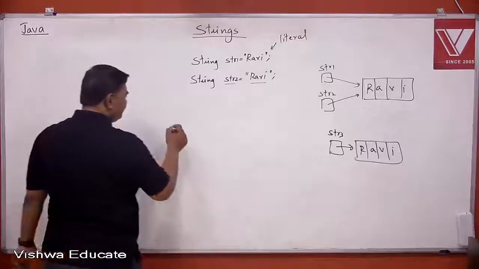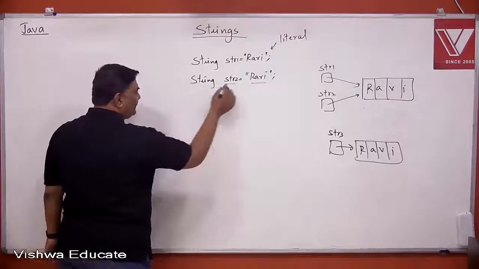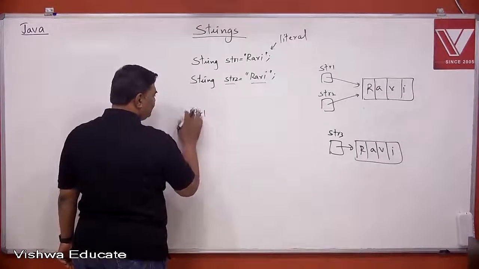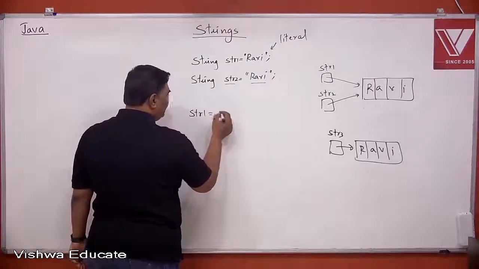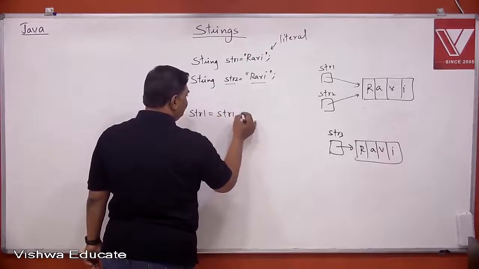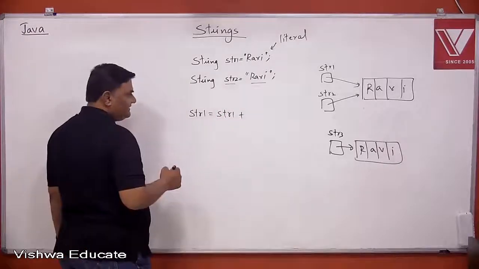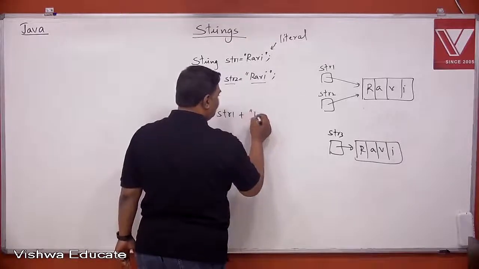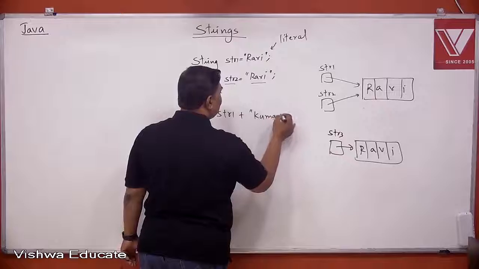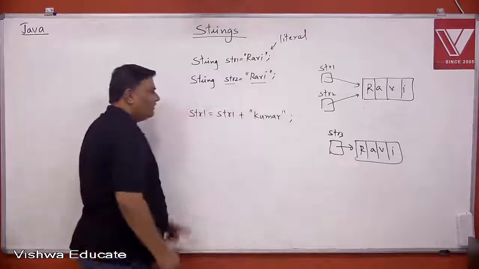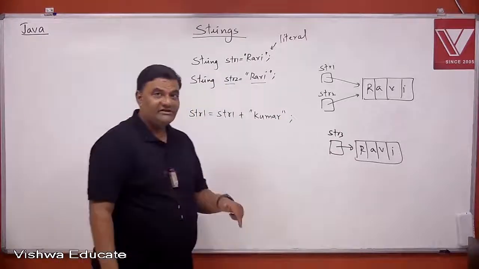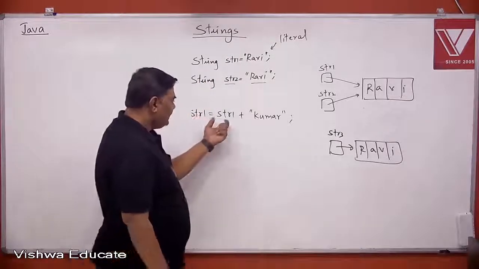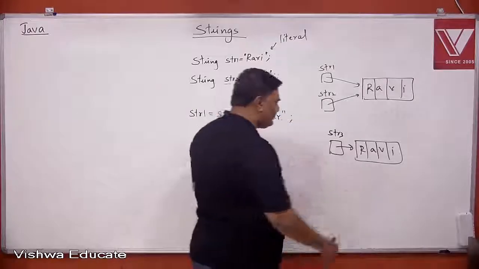Now, next. For the same string, I will say str1, the small s only, assign str1 plus Kumar. What does this plus do? Already we have studied this one, so I am using it. So str1 plus Kumar. What is str1?